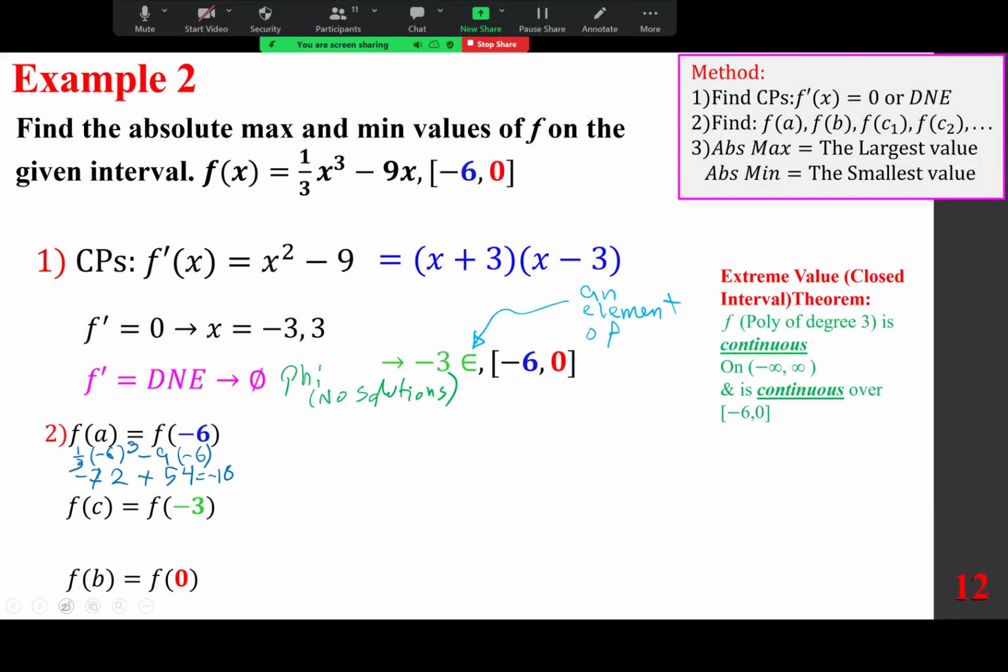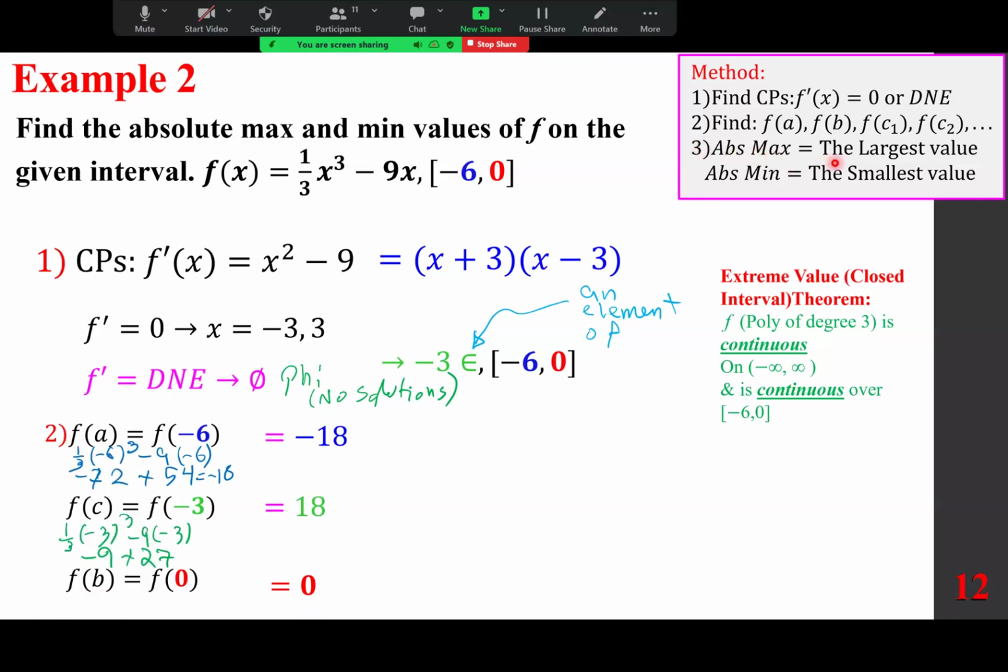If I go with -3, one-third of -3 cubed minus 9 times -3 makes it negative 9 minus negative 27, that is, minus 9 plus 27. So it's 18. So we have -18, 18, and 0.